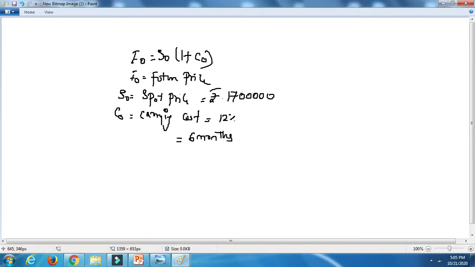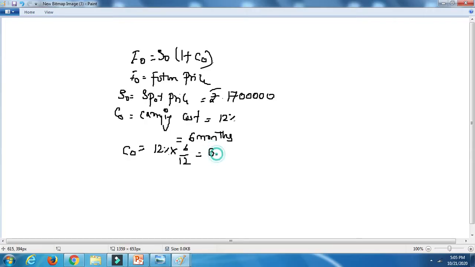So how much you're going to get is similar to what we have done in the earlier problem. First of all, you need to calculate the cost of carry, that is nothing but CO. It's nothing but how much percent? 12% it is, right? 12 into 6 by 12, that is nothing but R into n by 12, what we have done in the earlier problem.